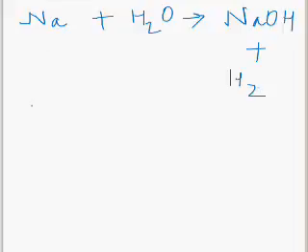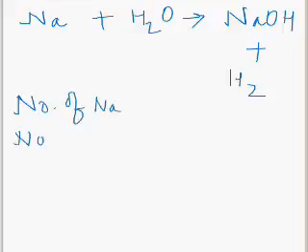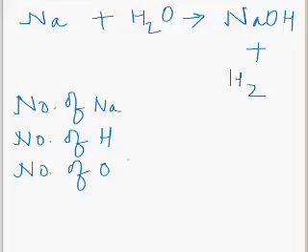So we can write the number of atoms of all substances on reactant side as well as on the product side: number of sodium atoms, number of hydrogen atoms, and number of oxygen atoms.